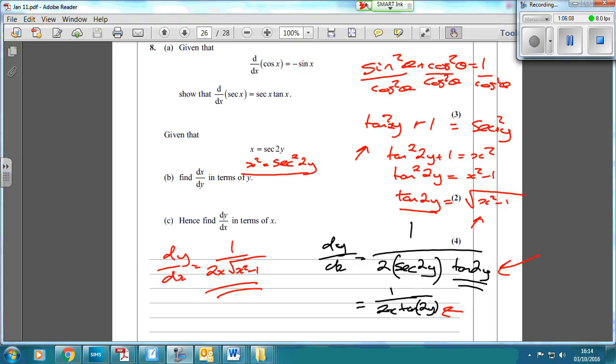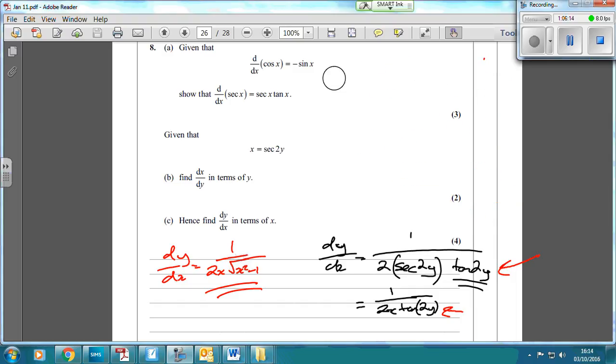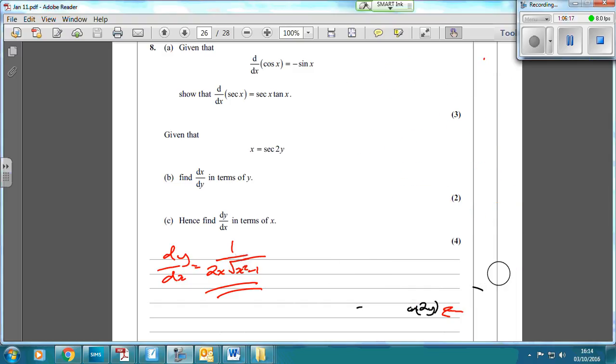But the main thing that you've got to pick up on this question, I know that you guys won't have done this yet, so it's very, very easy to switch off. But what I would say is a key thing to this question is, first of all, you need to know this anyway. So if you've got to differentiate sec using this, you're going to use the quotient rule. Then whenever you've got an x and you've got to differentiate, you do dx by dy. Don't try rearranging it first.